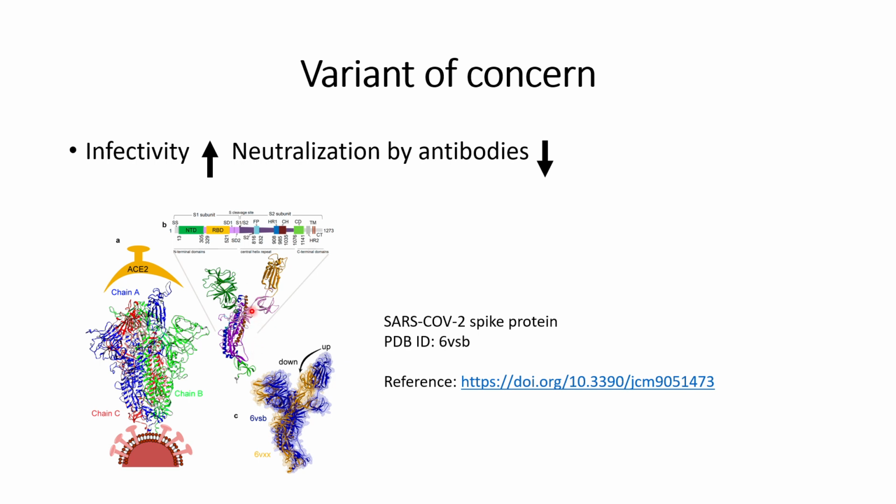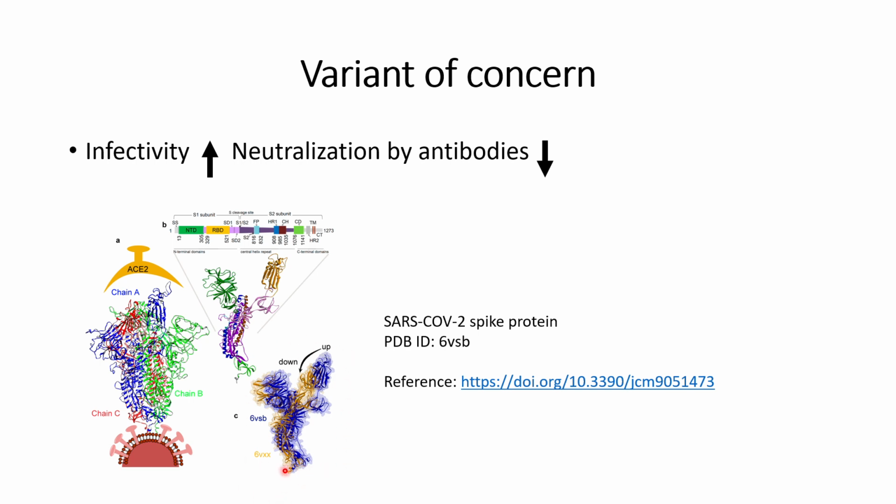The green domain is the N-terminal domain, yellow is the receptor binding domain, pink is subdomain 1 and subdomain 2, and purple is part of the S2 subunit of the spike protein. This is represented as the receptor binding domain.